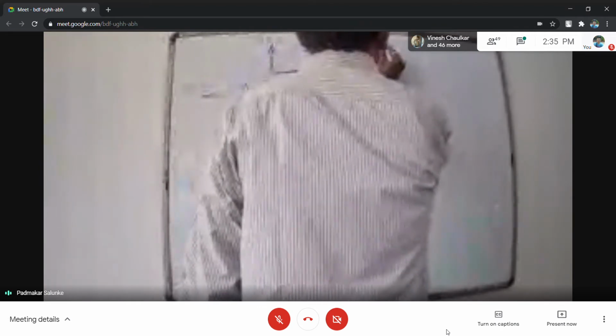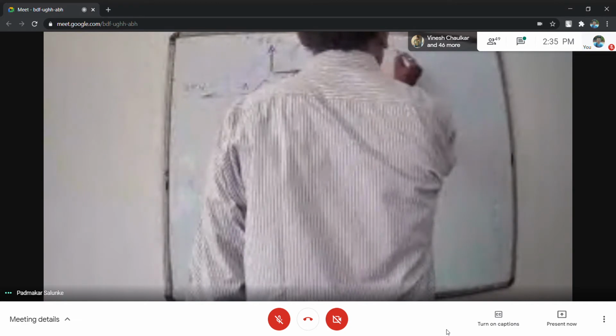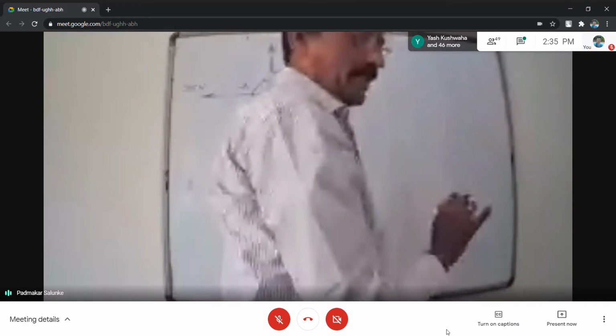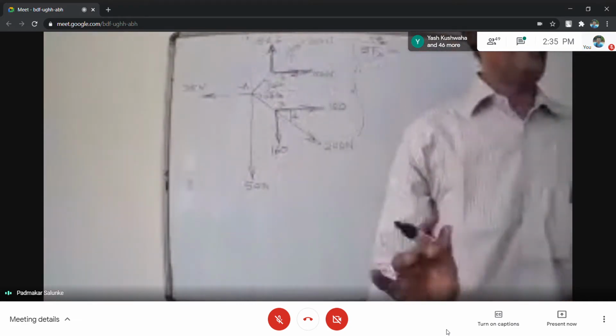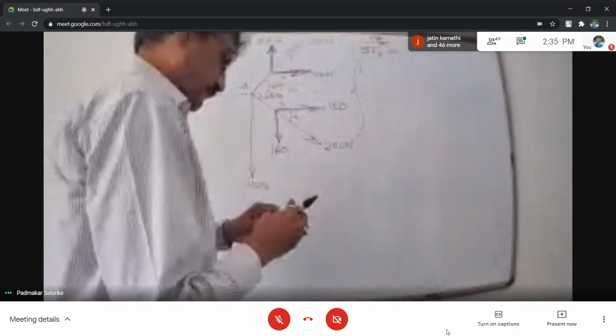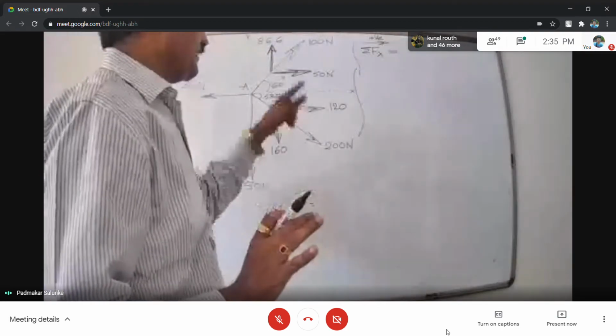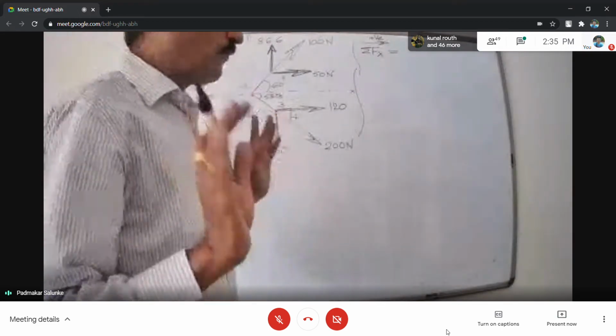In doing this, if a force is to the right, it is positive, and vice versa, if it is left, it is negative. Then one by one, I have to take the sum of the x components of forces.